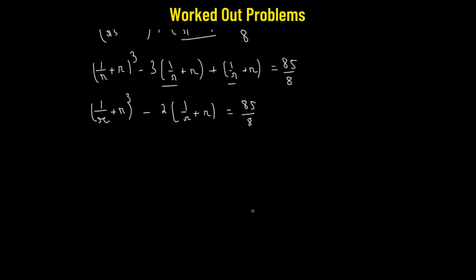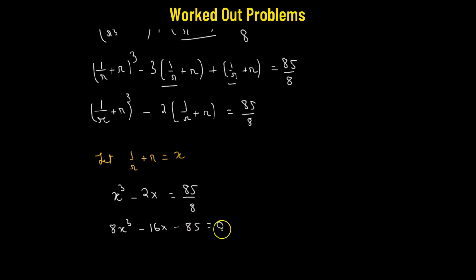Now, in order to find out the value of r, we are going to make a substitution here. Let's suppose that 1/r + r is equal to x. So that means we're going to get x³ minus 2x equals 85 divided by 8. Or simply, we have 8x³ minus 16x minus 85 equals 0.